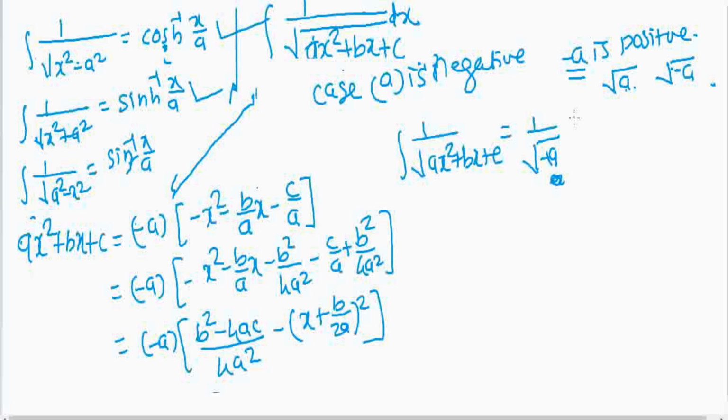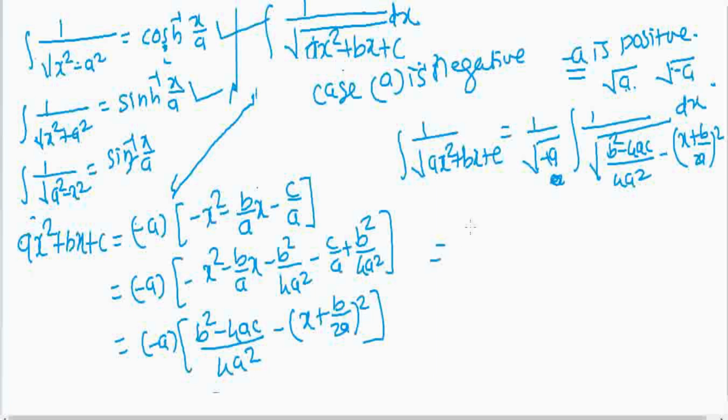This will be the integration of 1 divided by the square root of b square minus 4ac divided by 4a square minus x plus b divided by 2a whole square, into dx, equal to 1 divided by the square root of minus a into sine inverse of x plus b divided by 2a divided by the square root of b square minus 4ac over 2a.